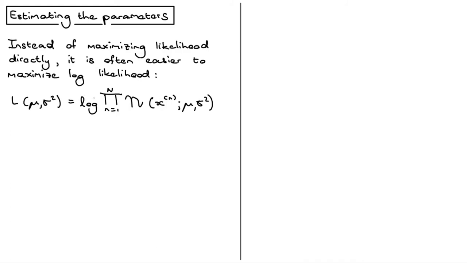So one intuitive way in which you can see that the log makes our life easier is that here we've got the product of a bunch of stuff. And at some point we're going to take the derivative of something with respect to the parameters. Now taking the derivative of a product of things makes life really painful. So if we take the log here, then from grade 1 mathematics, you can remember that if you take the log of a product, that turns it into the sum of logs. And we will see that in a second.